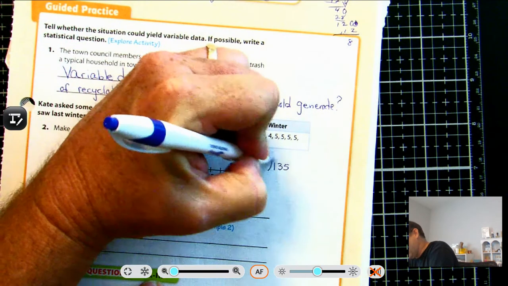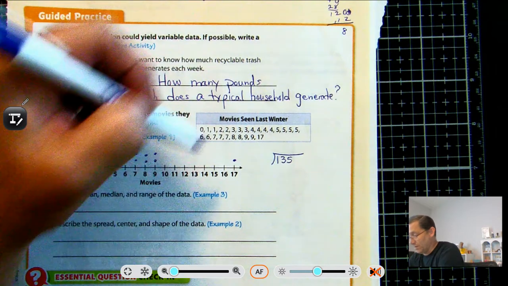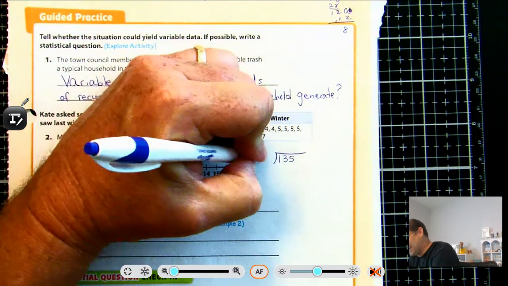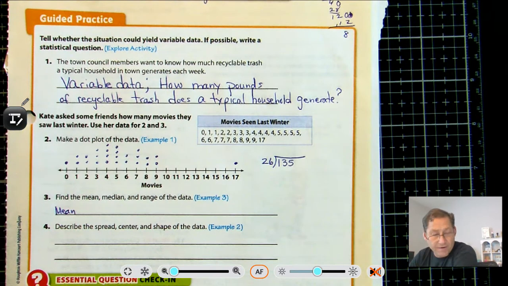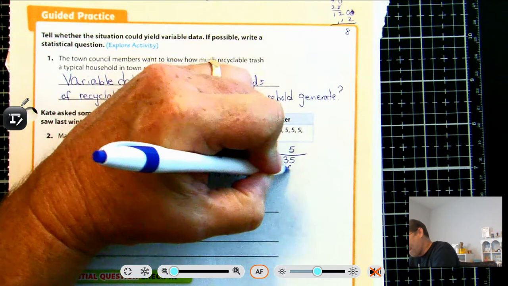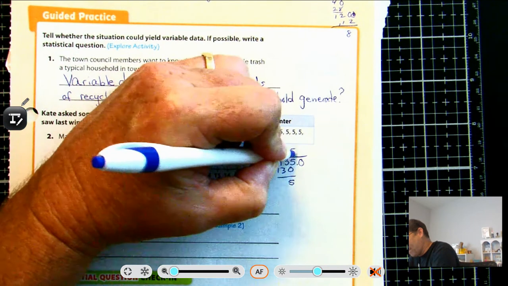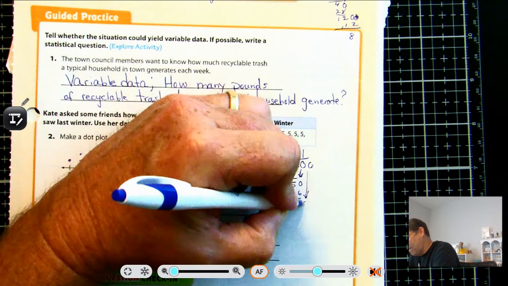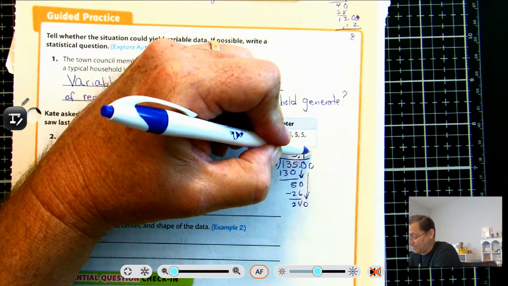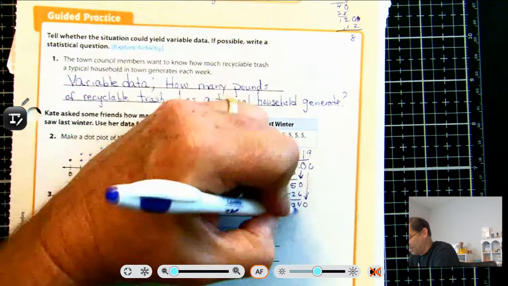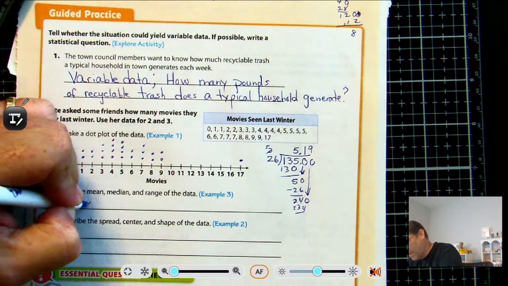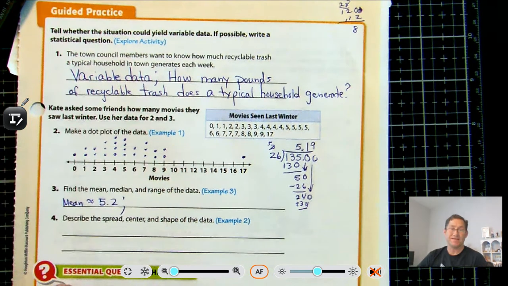So 135 divided by 26. If we round to the nearest tenth, it'll be about 5.2.